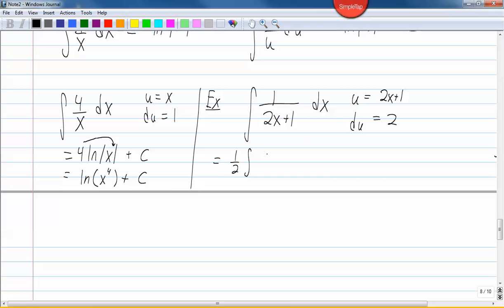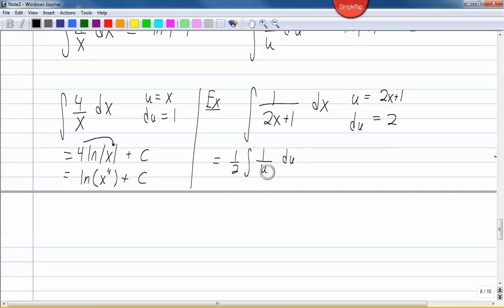So now I'm going to rewrite this integral for you so you can see what form it's in. If I say my u is 2x plus 1, and the only adjustment I have to make for my du is maybe bringing out the reciprocal, there's no variables, then that's the form it's in, 1 over u du.